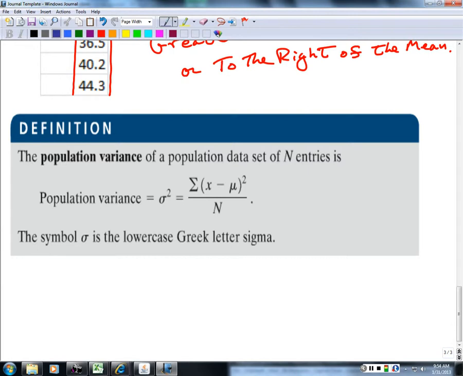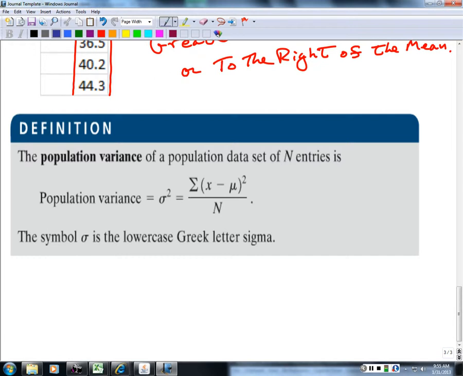Now what that means is I'm going to take every single data value and I'm going to subtract the mean from it. And then I'm going to square it. And then I'm going to add all of those together to get this value right here. And then I'm going to divide by the total number of values in the data set. Okay? So that's my formula for population variance.